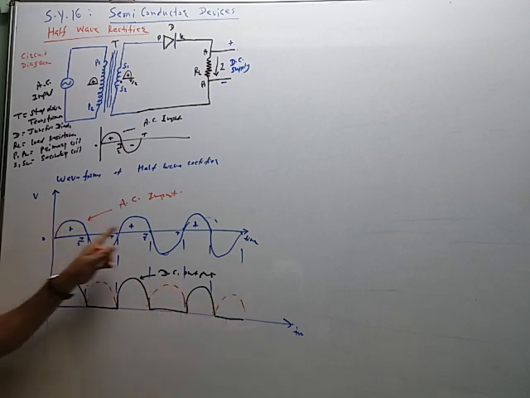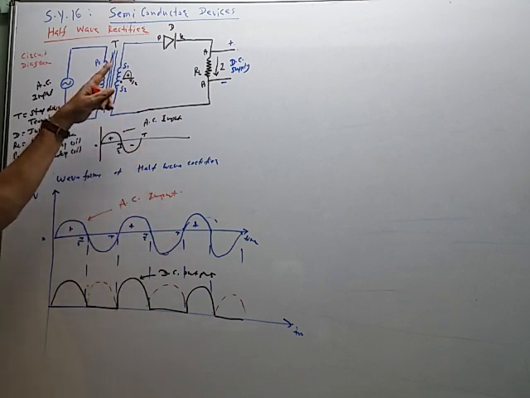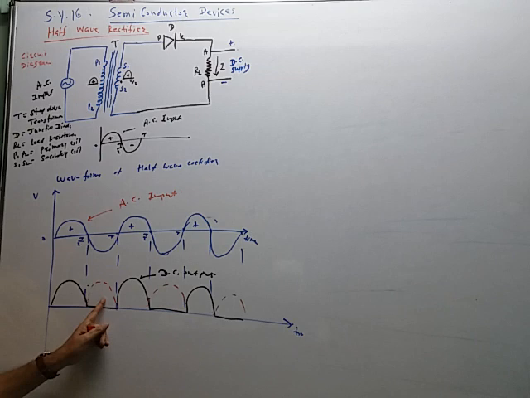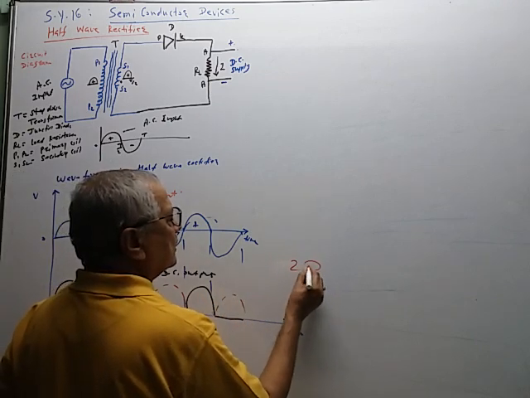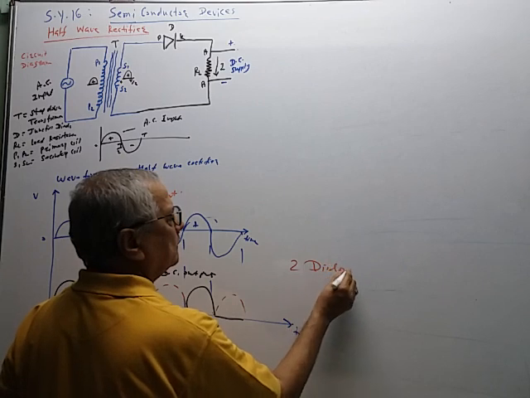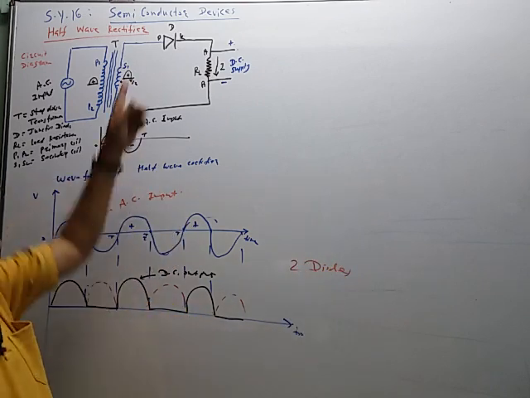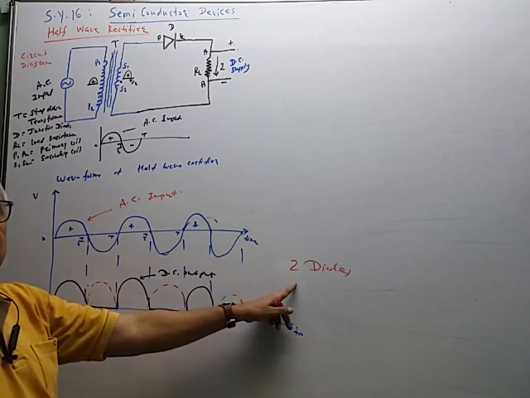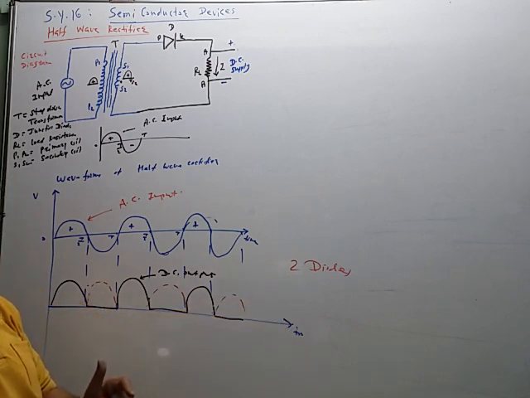So for the positive half cycle, we require one diode. For this negative half cycle, to again get the current in the same direction, we need one more diode, and therefore two diodes are required. In the half wave case only one diode is sufficient. In the full wave rectifier, two diodes are required, and their connections are like this.